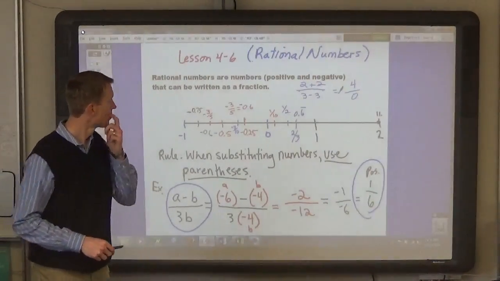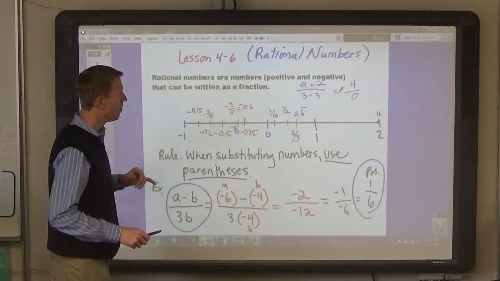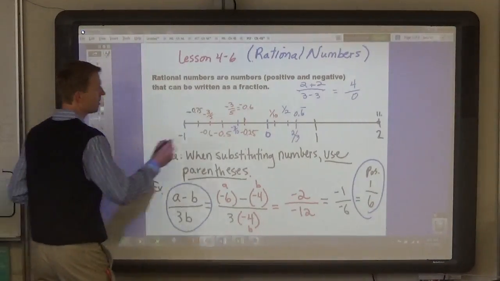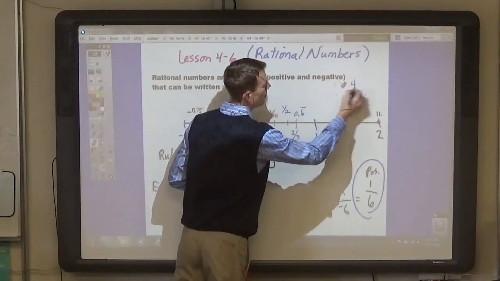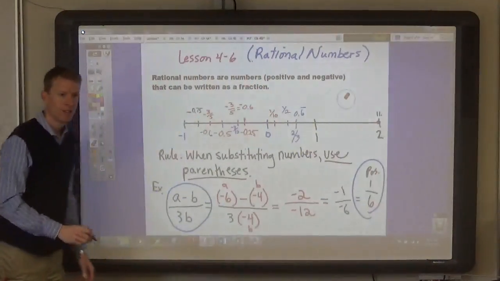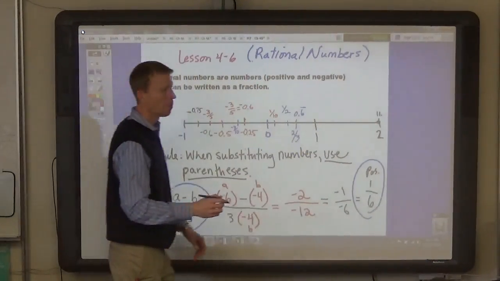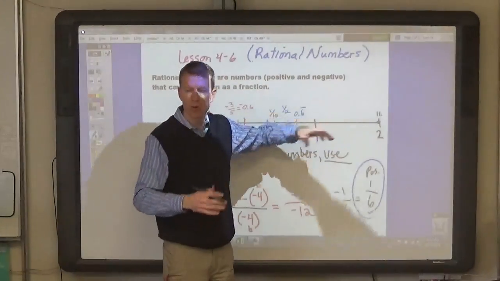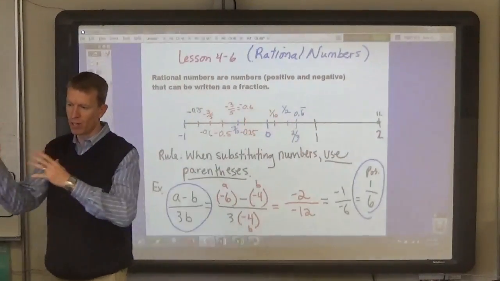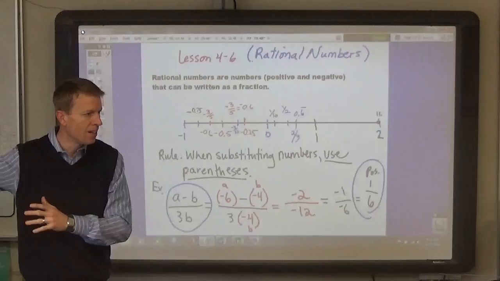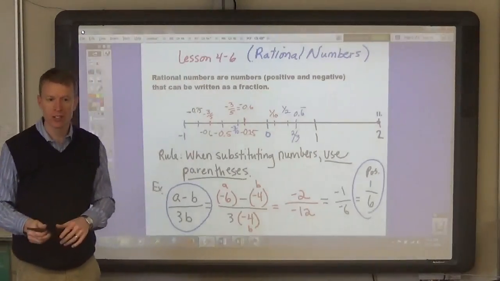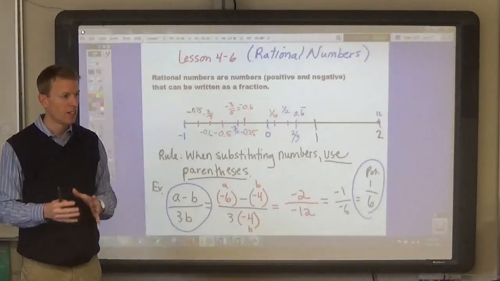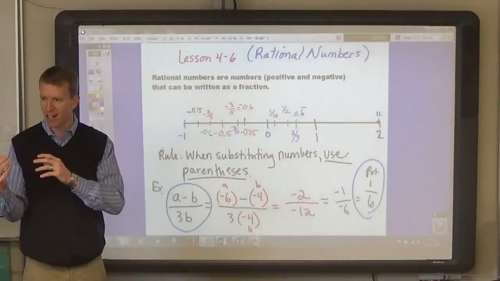Okay? Other things that are not rational numbers. Here's another example. Pi, 3.141, whatever, and it goes on and on and on. That's an irrational number because you can't write it as a fraction.